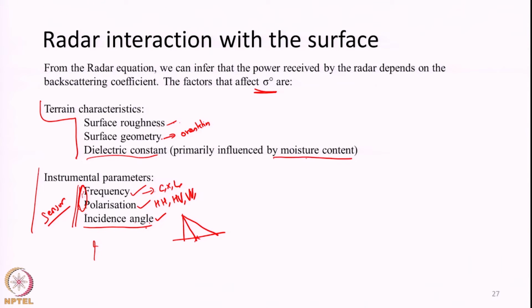So, these 3 factors are the key controlling factors from the object side or the terrain side that will control the microwave backscattering towards the radar antenna. So, essentially by looking at the sigma naught value, we may get some information about any of these, either surface roughness or dielectric constant of the surface and so on.